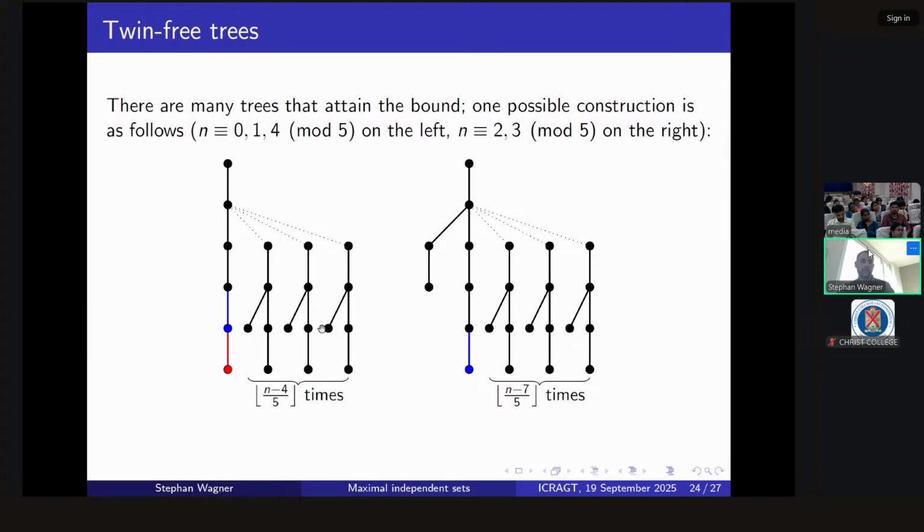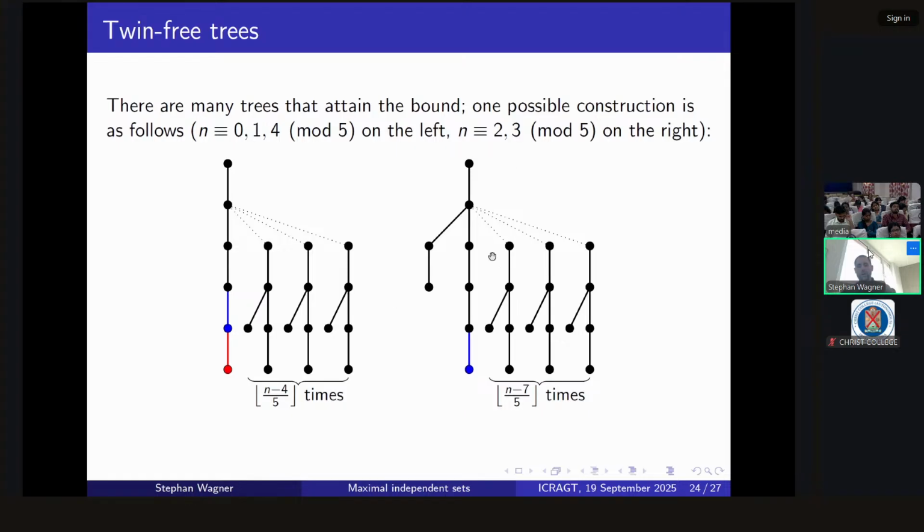So the construction on the left here covers the cases where n is 0, 1, or 4 modulo 5. If we take 4 mod 5, then we don't need the blue and the red vertex. So then it's just these 4 plus a number of copies of this. For 0 mod 5, we include the blue vertex. For 1 mod 5, we also include the red vertex. So that's the construction in these 3 cases that yields the minimum.